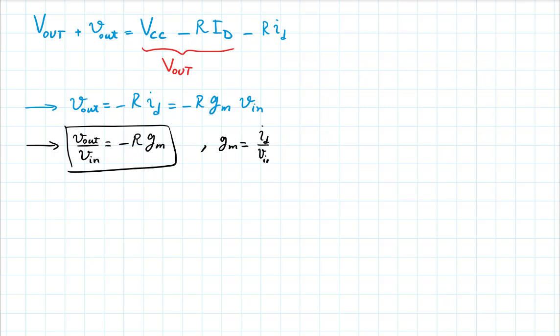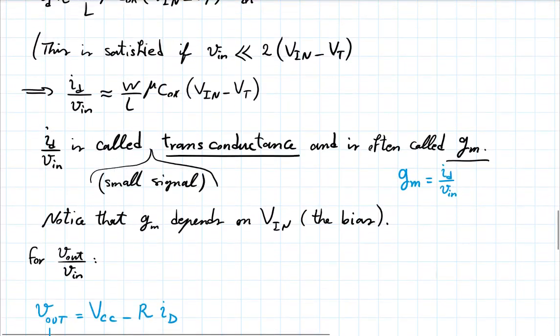You see, these are all small signal variables, except for this bias point, which is all capital. I've just copied what we had up here. There's nothing needed.